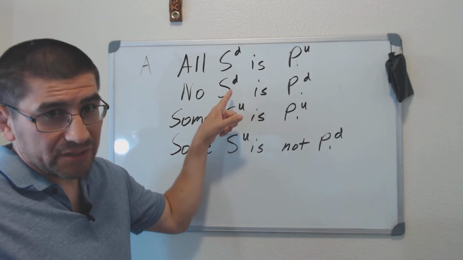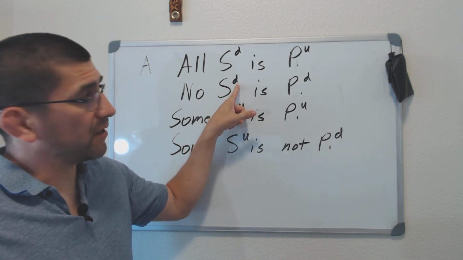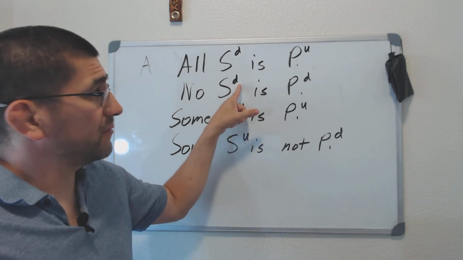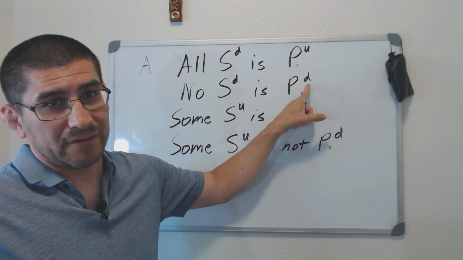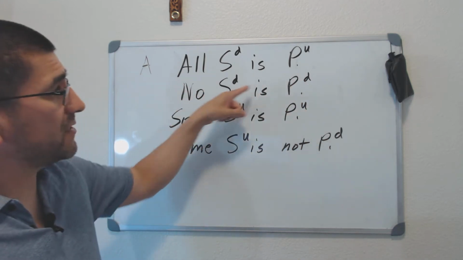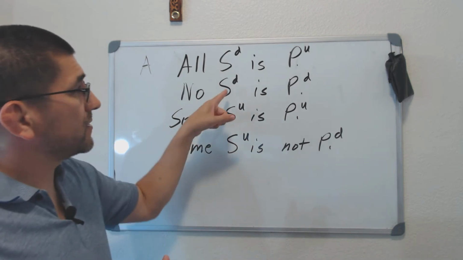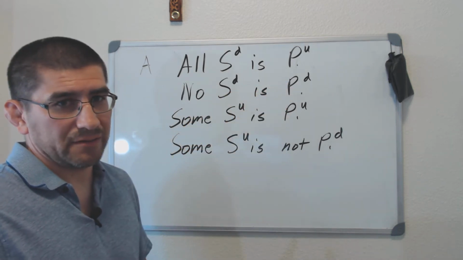Concerning the E proposition, the subject term is always distributed. That's a little D right here above the S. And the predicate term is always distributed. Okay, so this E proposition right here, no S is P, the subject term and the predicate term are always distributed.